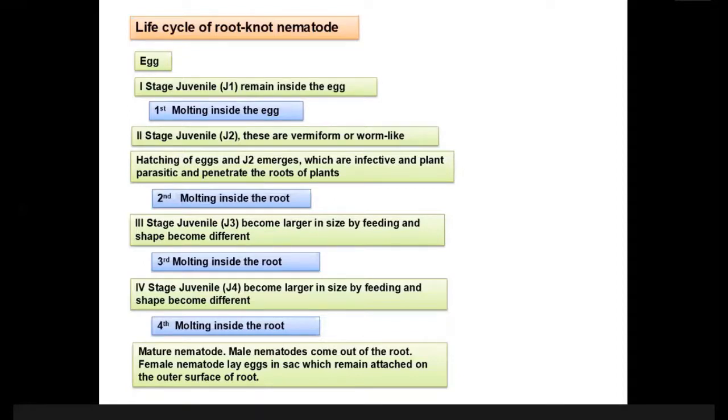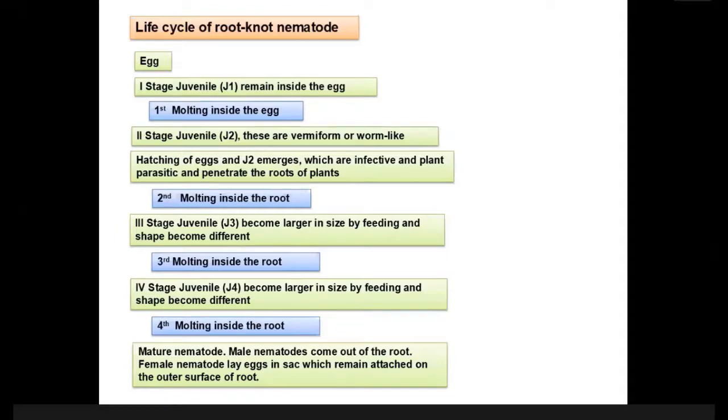Among these 4 stages, mind it, I can ask you in the exam in the form of a quiz. Second stage juvenile is the infective stage of root knot nematode. Most nematodes, including root knot nematode, but there are some exceptions, you will see later. Mind it, the second stage juvenile is the infective stage.